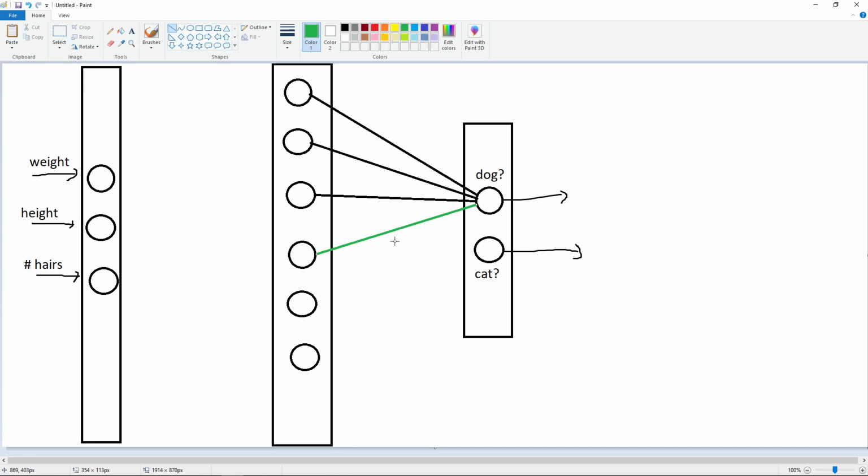Maybe if you only trust that person a little bit, the opinion matters just a little bit, as represented by this thin line. Maybe if you trust someone an awful lot, their opinion matters a lot to you. And maybe you might even not trust a person at all, and maybe that person lies a lot, and so if that person says it's a dog, then maybe it's because it's not.